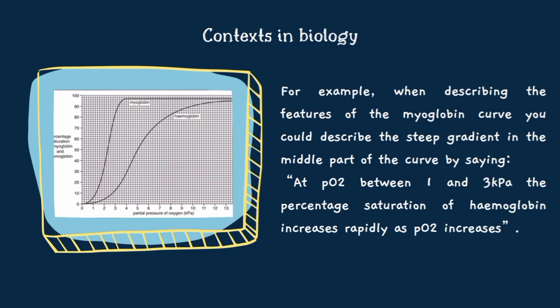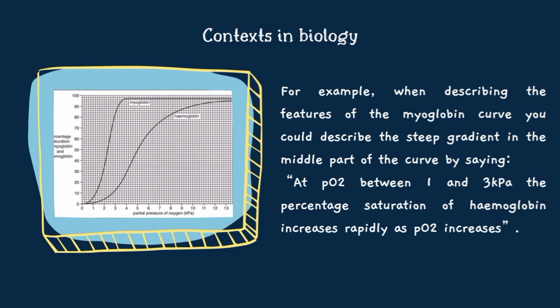The next is context in biology. A key feature of any line graph displaying a relationship between two variables is that the gradient of the curve represents the rate at which the quantity on the y-axis is increasing as the quantity on the x-axis increases.